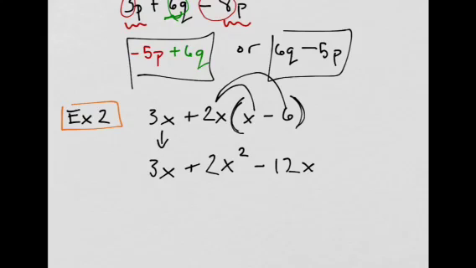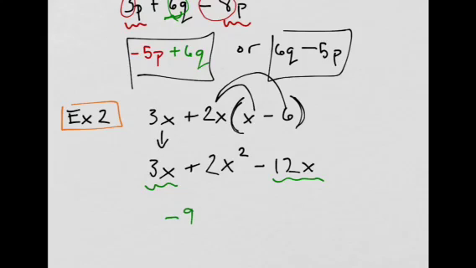What are the like terms here? Yeah, the 12x and the 3x, right? But it's a minus 12x, or a negative 12x. Those are interchangeable. Are they the same sign? No. So we subtract them: 12, 11, 10, 9. Positive or negative?